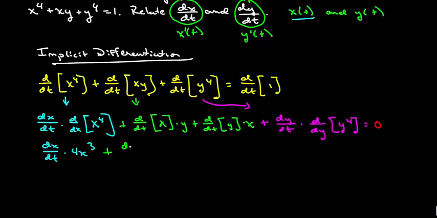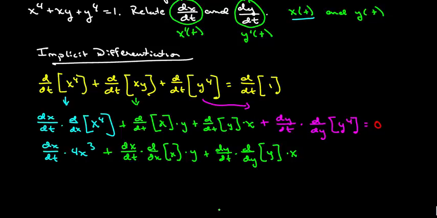So I'm going to go dx/dt times d/dx of x times y, and this will be dy/dt times d/dy of y times x. You can think about these things as canceling out. So I rewrote this like this, and then of course the multiplication of y follows at the end.